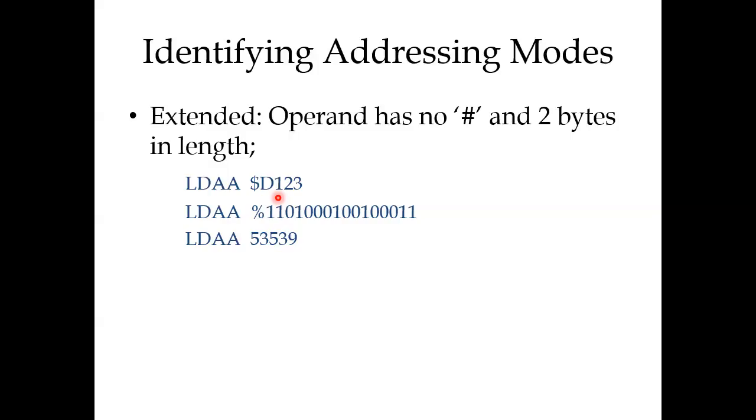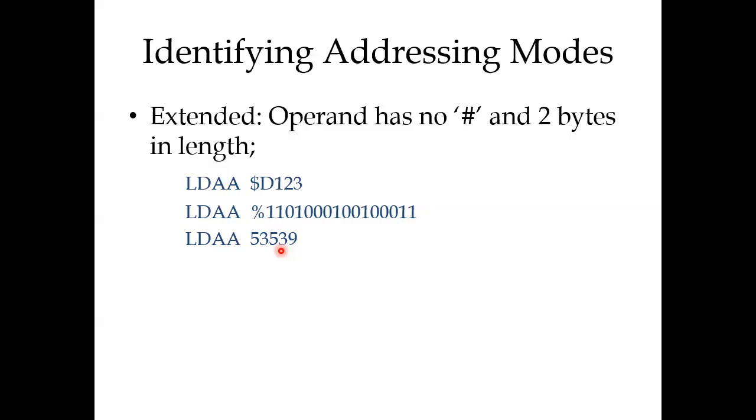So this is 16-bit, and as you can see in the binary, this is more than 8-bit. If it is more than 8-bit, you cannot accommodate it in 1 byte. It's 2 bytes, right? How about this one? It's decimal, because there is no dollar sign, no percentage sign. It's 53539, which is for sure more than 255. So that's extended, right?